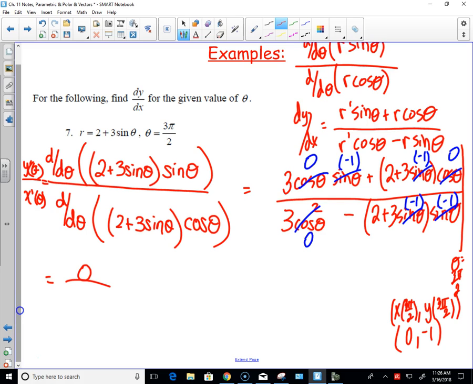Just double check the bottom is not 0, right? If you look at that, it is going to end up being negative 1 over 1, negative 1. Are we okay? Well, if it's 0 over 0, it would have been DNE. So I'm just saying, just be careful.